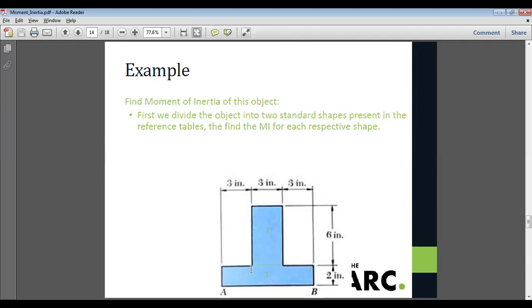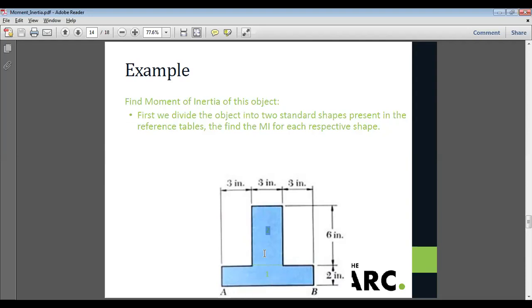Similarly, we can break this inverted T section into three sections also, joined from here to here, and then from here to here. We can find the moment of inertia of this section plus this whole column. Or we can also make four sections: one, two, three, and four.